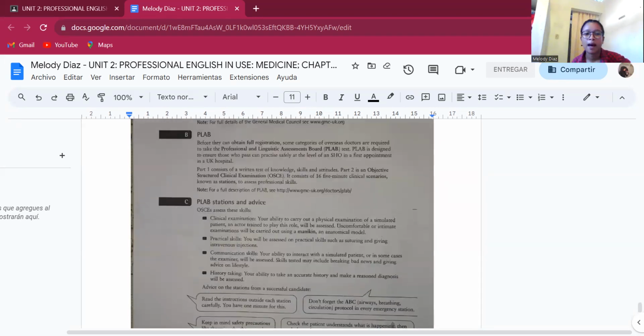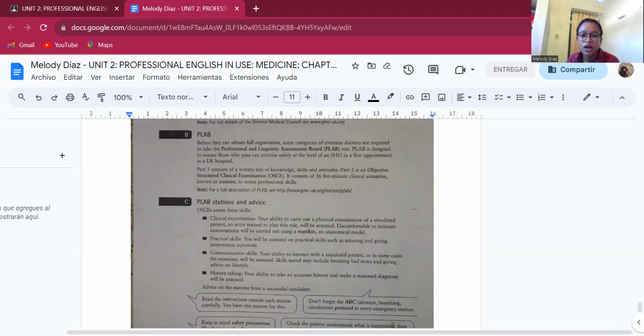Letter C, PLAB. Before they can obtain full registration, some categories of overseas doctors are required to take the Professional and Linguistic Assessments Board, PLAB, test.